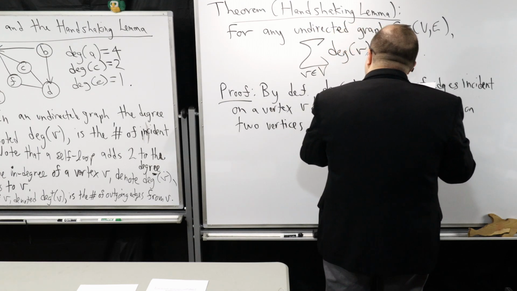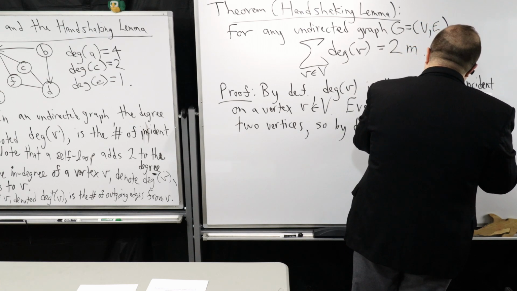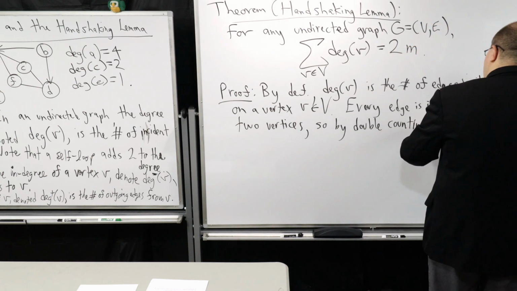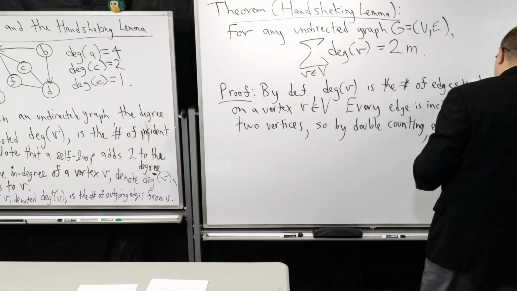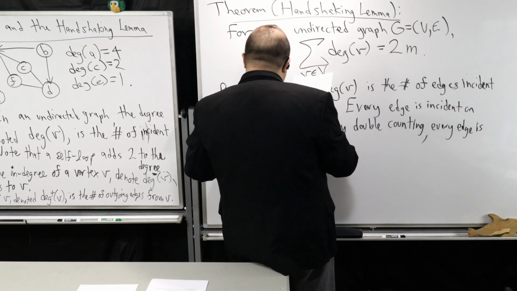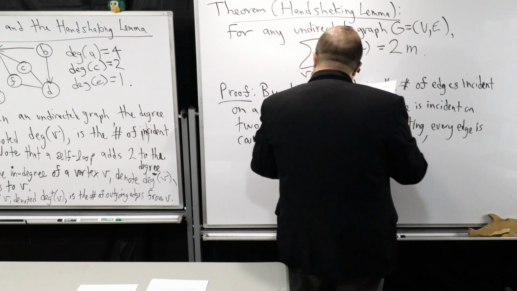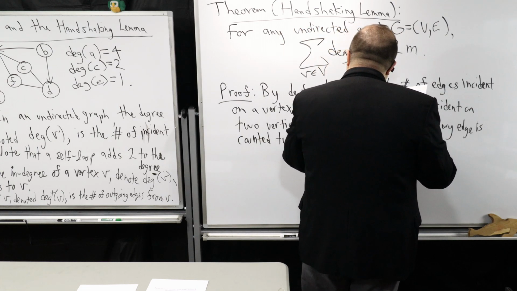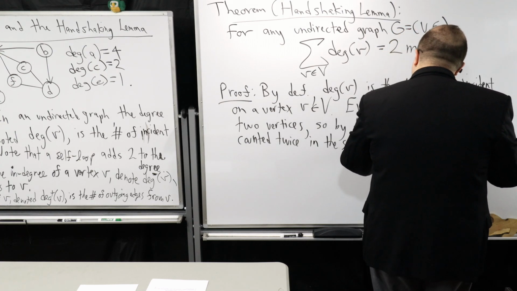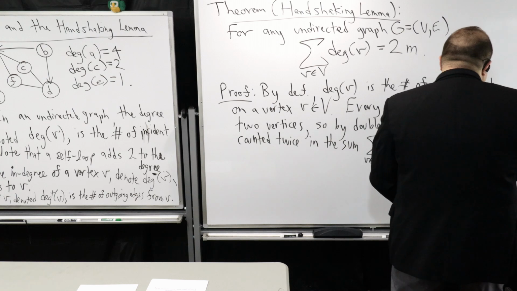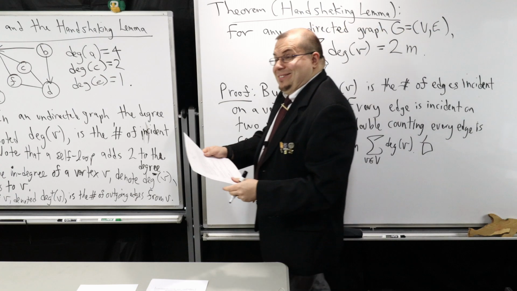So by double counting, every edge is counted twice in the sum of my degrees. That's really it. That's it.